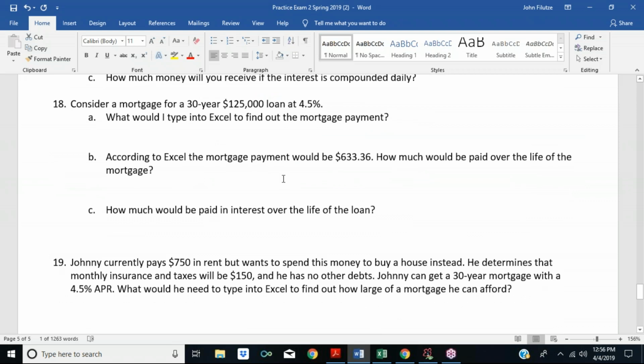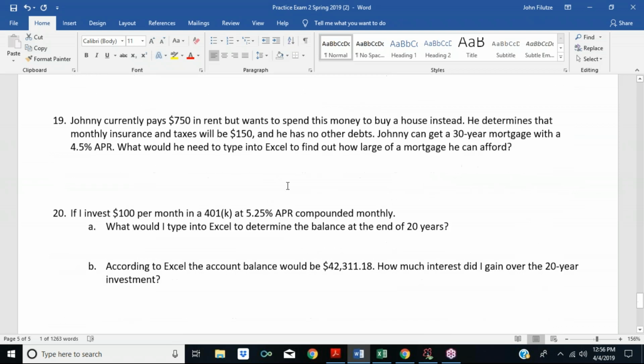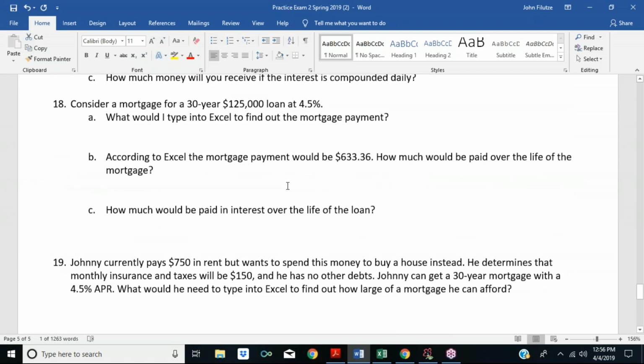So 18. So this next 3 involves the PMT, the PV, and the FV functions from Excel. So if you want to calculate the payment, that's the PMT function. Remember, in your exam you'll be asked, what formula would you put in? Don't forget the equal sign.